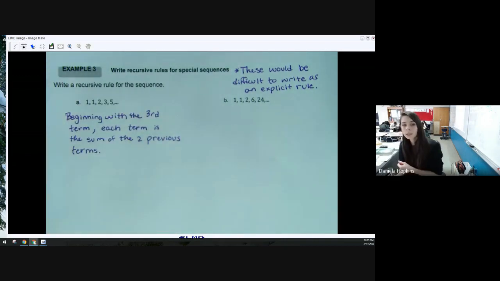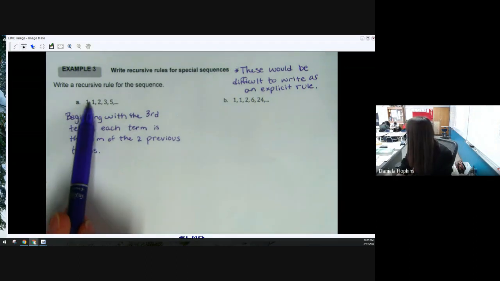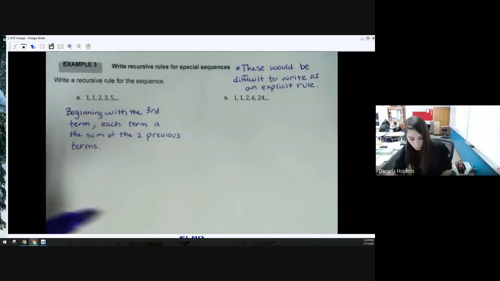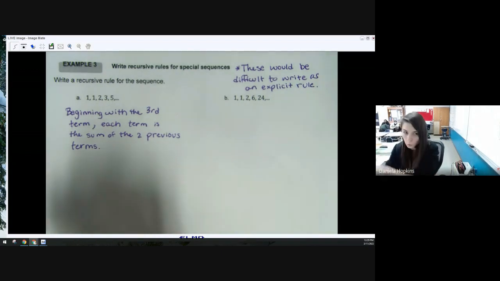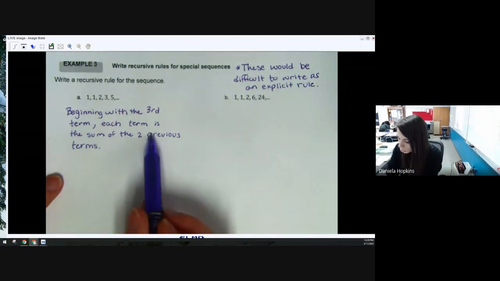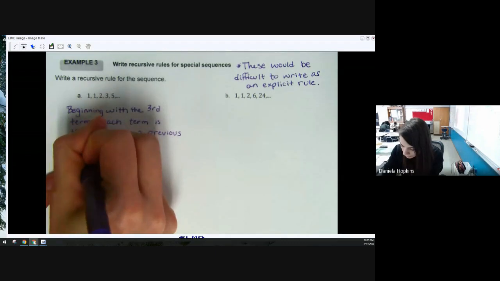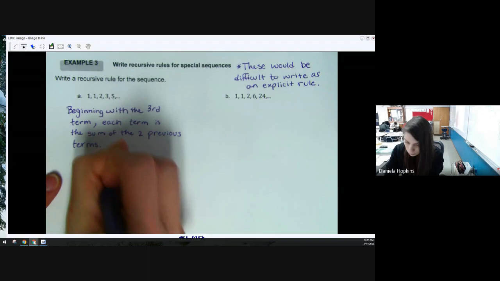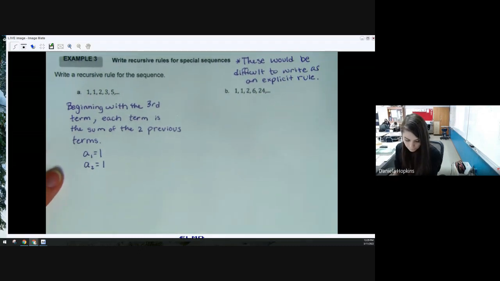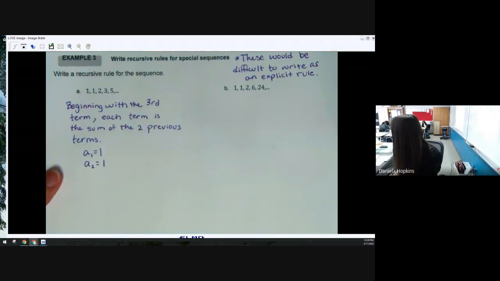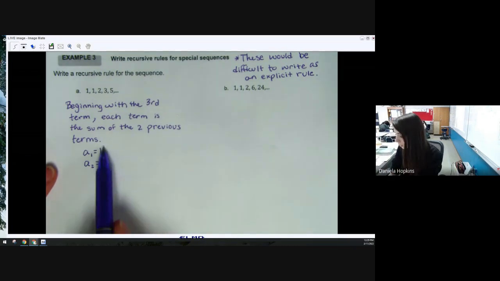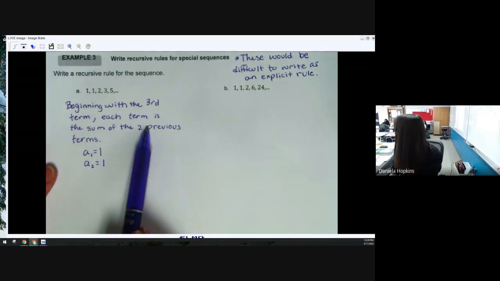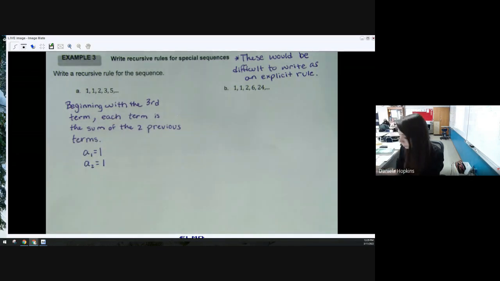We have to begin with the third term because we cannot assume that the term before the first is 0. We're starting at 1. So this is a weird one where we actually need to name two terms, because it's the sum of two previous terms. I need to state that my A1 is 1, but also that my A2 is 1. These are ones where you have to state two terms in your sequence, because if we started at a different A1 and A2, you could still apply this rule and have a totally different set of numbers.